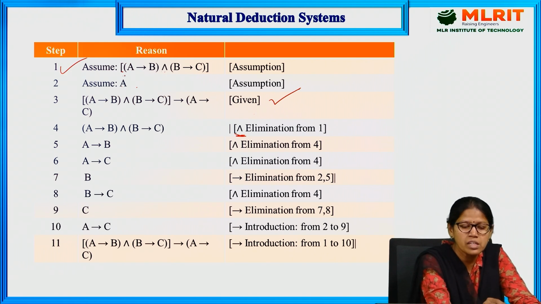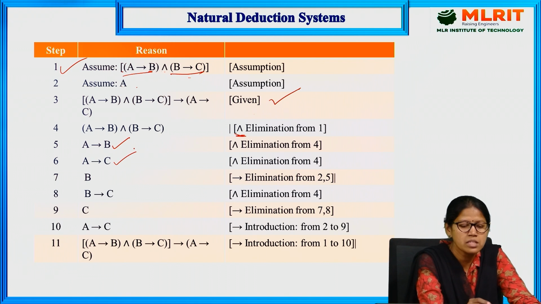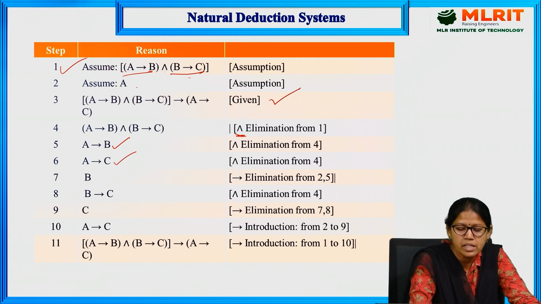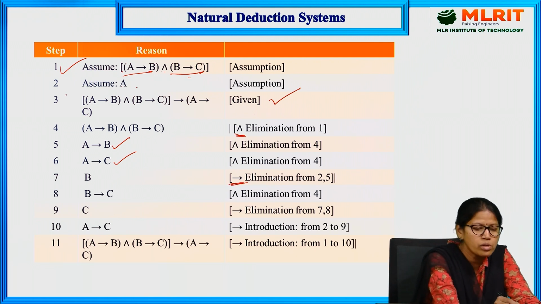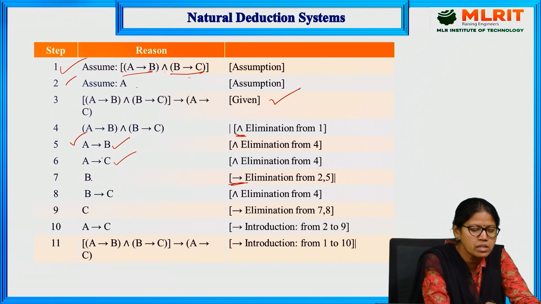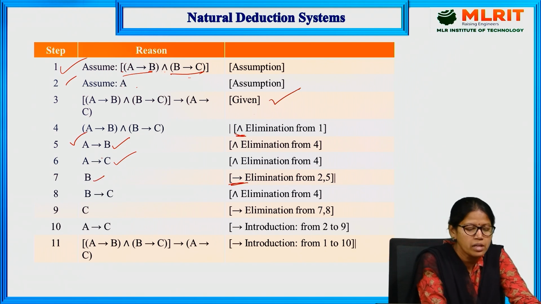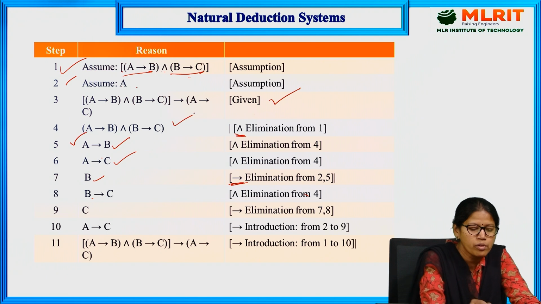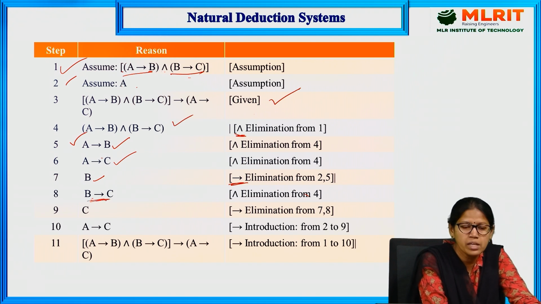After eliminating, A implies B and B implies C. Okay, so the next one, eliminating the implies symbol, 2 comma 5. So when we eliminate, we have B. Next, B implies C. When we eliminate from 4, we have B implies C.